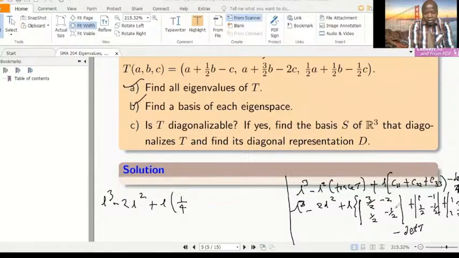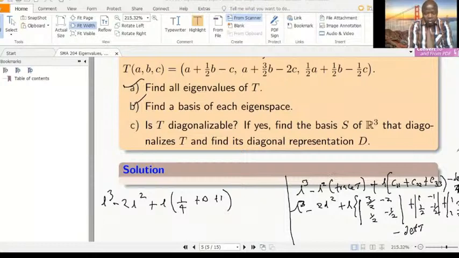Just multiply the diagonal, which is negative 3 over 4, minus, but this one will be plus 1, and this other determinant will be 0, and then this other one will be 1.